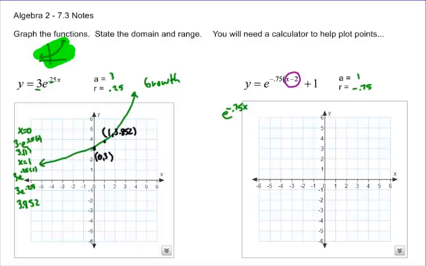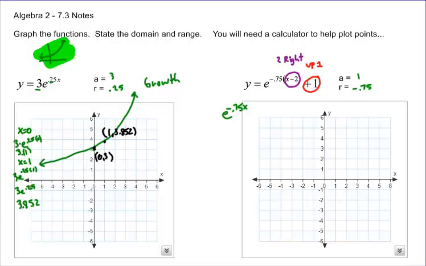If I do it to x, I do the opposite of what the sign says, so I'm going to move 2 units right from my original function. And this 1 is going to tell me how I move my y coordinates, and they're all going to go up 1. Okay, so I'm going to graph my parent function in green, and then I'll move everything after that accordingly.